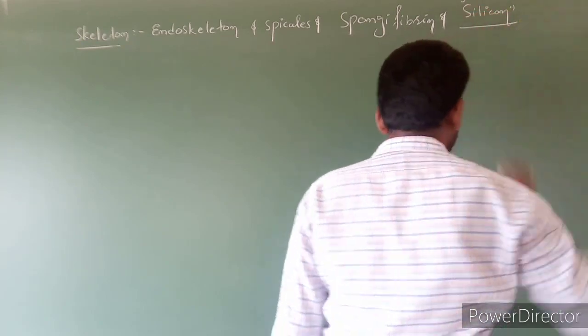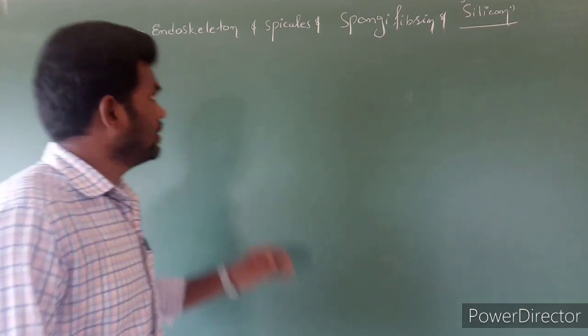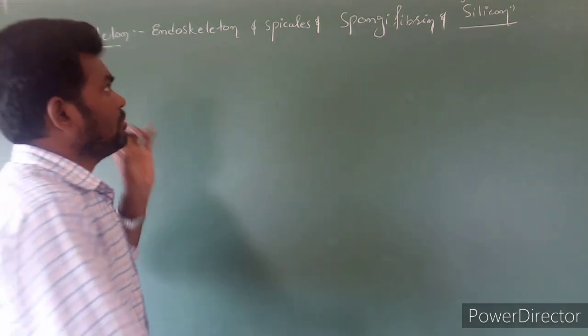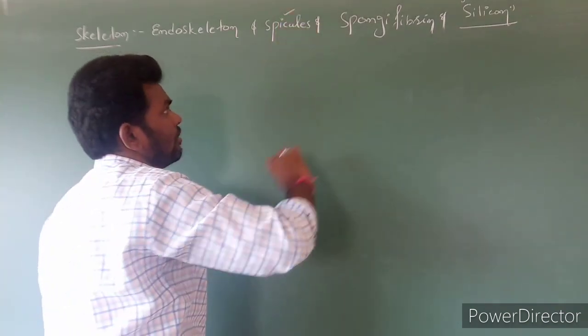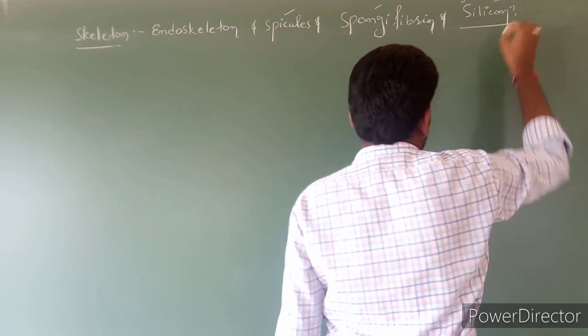So this is the chemical combination of the endoskeleton of porifera. It may be spicules or spongy fibrin or silicon.